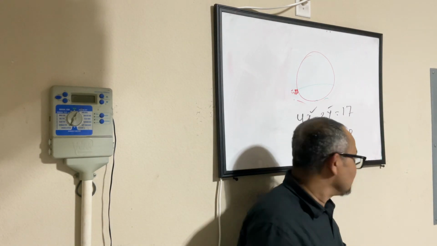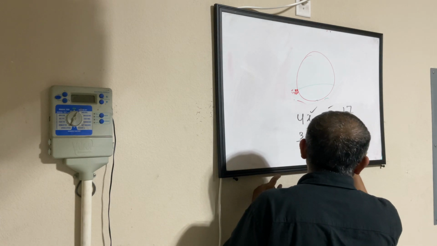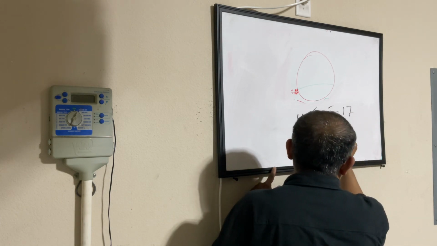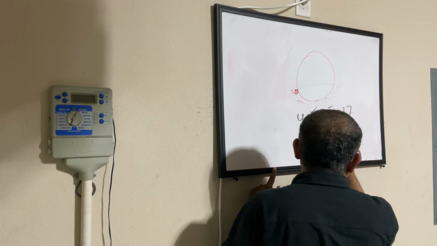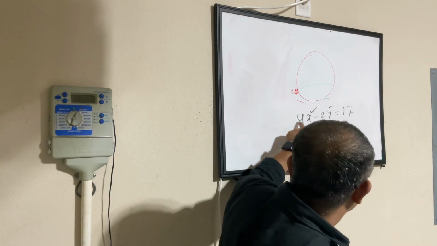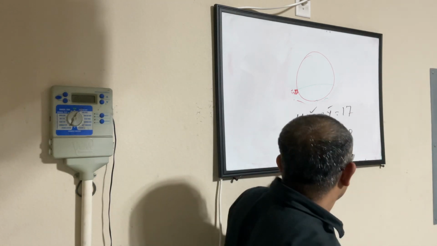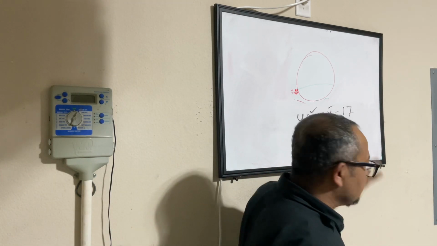So the y was this in the second equation. This one? No, the second. 4x minus 2y equal to 17. 3 by 2x minus y by 2 equal to 8.